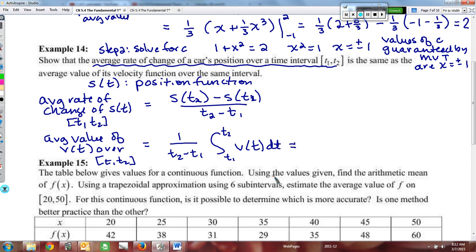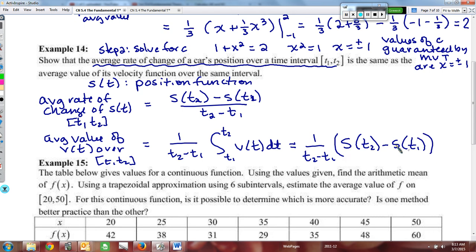Now, how do I prove that this is the same as this? I apply the fundamental theorem of calculus. If I wanted to calculate this definite integral, I would find an antiderivative. And couldn't we think of my position function as the antiderivative? So I can calculate my net change in the antiderivative, the position function, s of t2 minus s of t1.